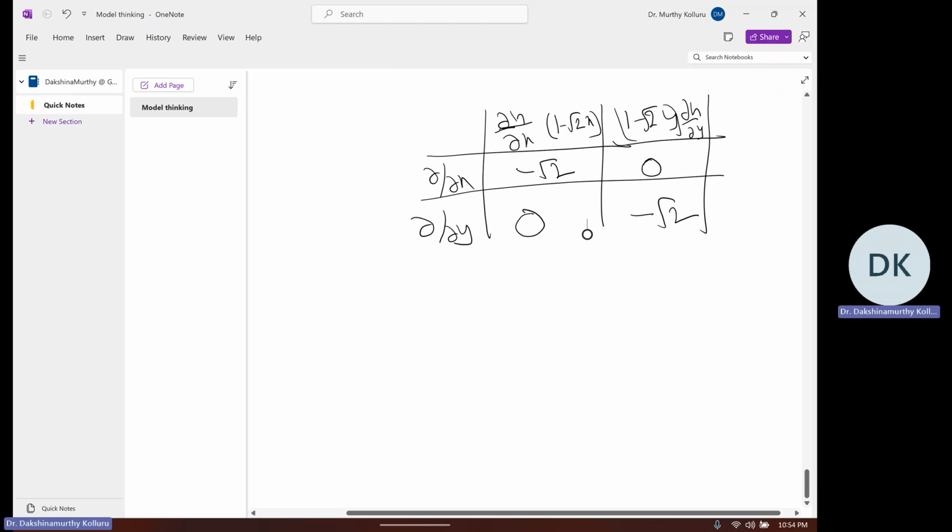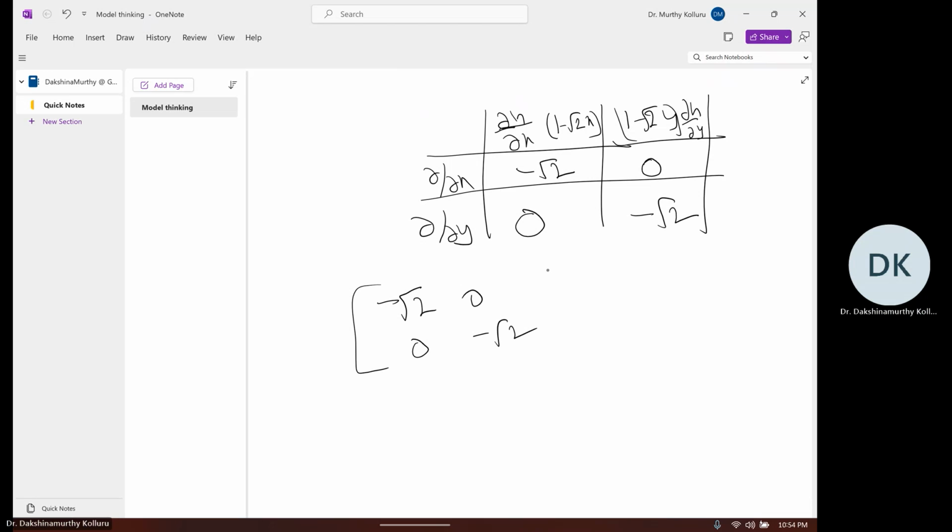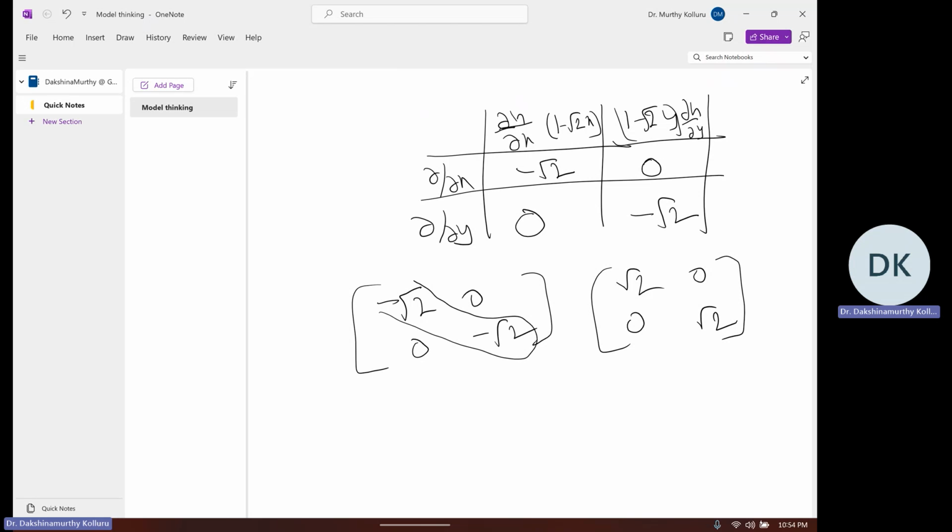So my Hessians are minus root 2, 0, 0, minus root 2, or root 2, 0, 0, root 2. Luckily, I have a diagonal matrix, so I can just read these as eigenvalues. So these two are negative, so this point is a maximum.